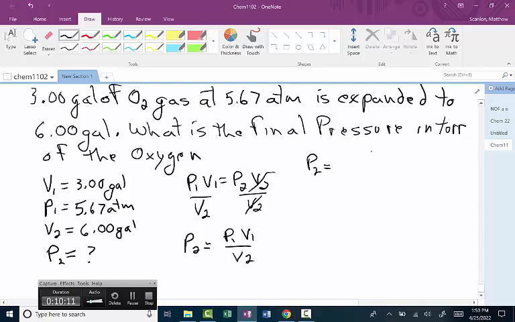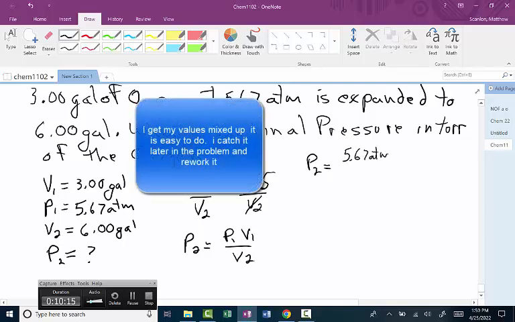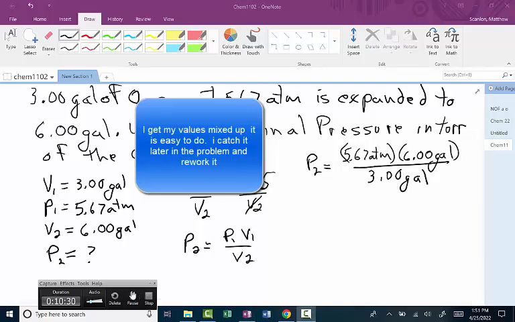P2 equals P1, which is 5.67 atmospheres, times V2, which is 6.00 gallons, divided by 3.00 gallons, and when I solve for this with my calculator, I get 11.34 atmospheres.